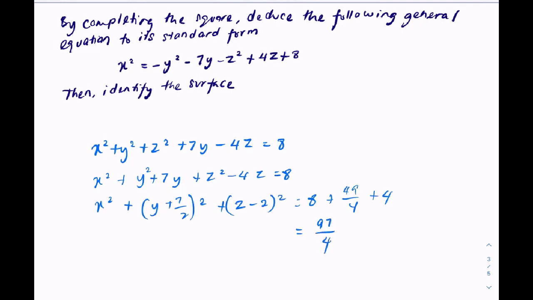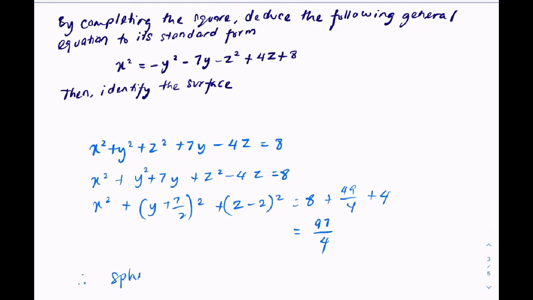Okay, identify the surface. This is sphere, center 0 minus 7 per 2, 2, and r equals to square root 97 per 4.